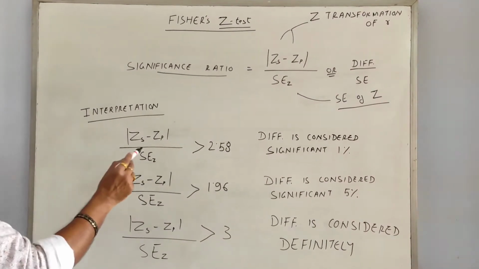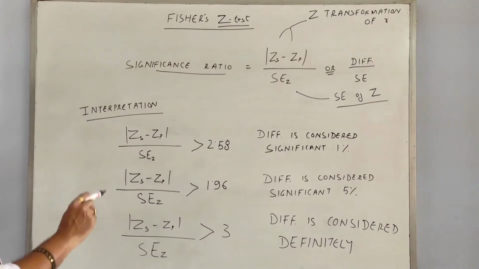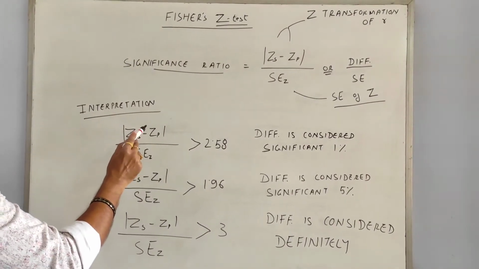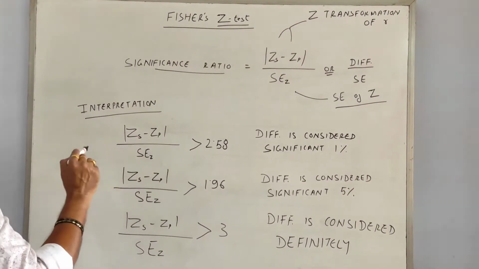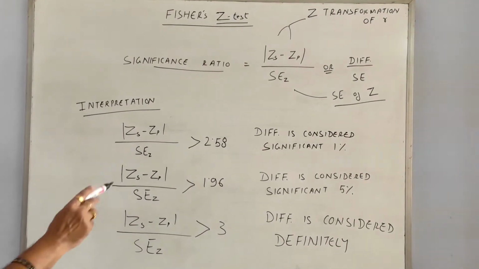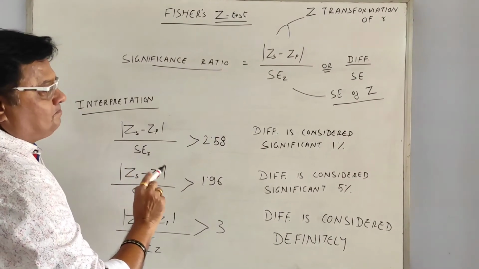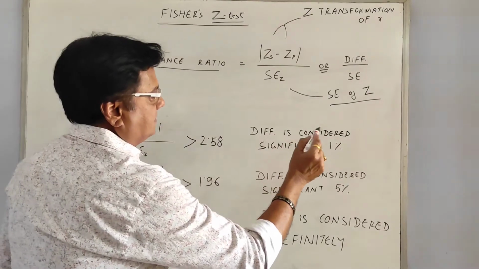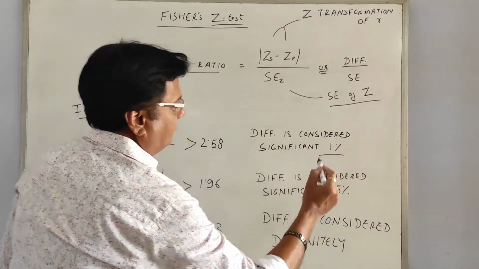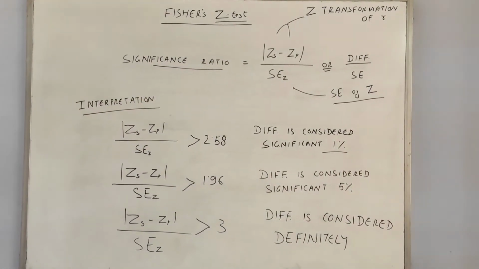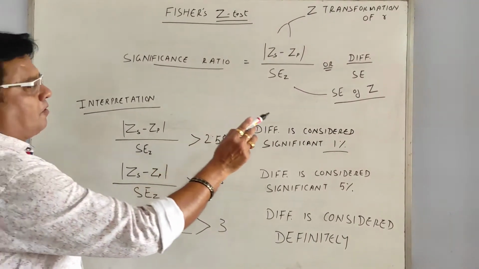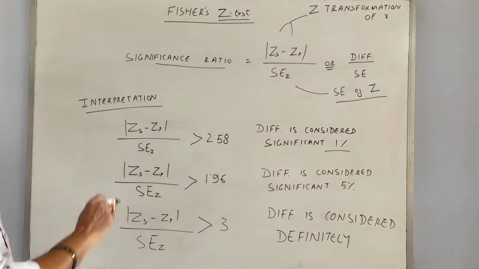And then there are interpretations of three types. If the modulus value of Zs minus Zt divided by the standard error of Z is greater than 2.58, then the difference is considered significant at the 1% level of confidence. That means there is only a 1% probability that our conclusion is wrong.